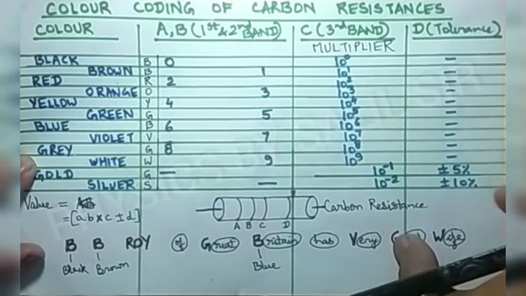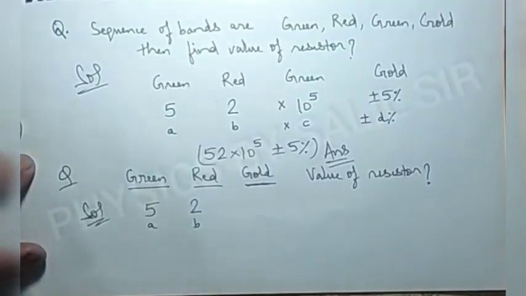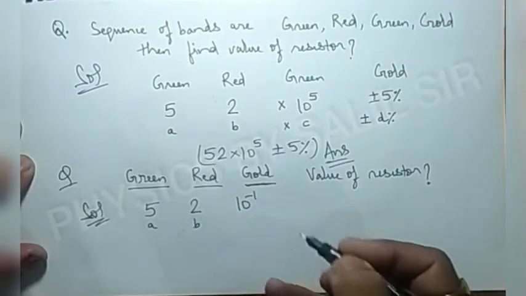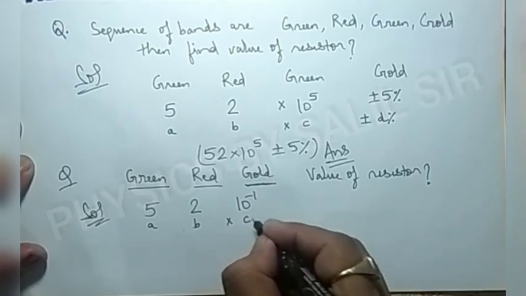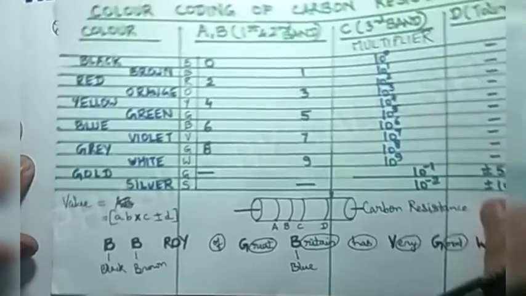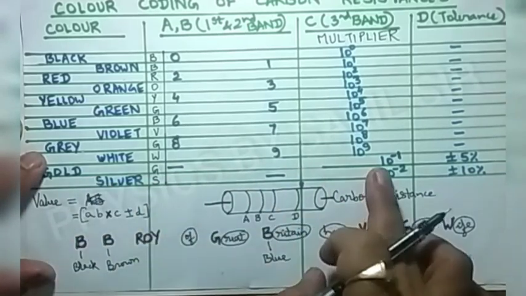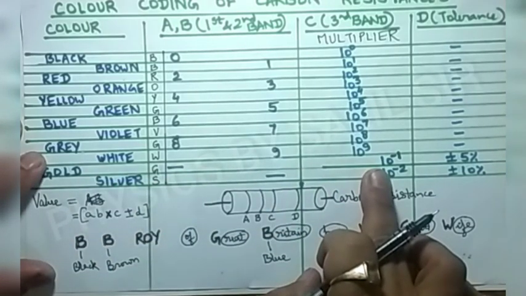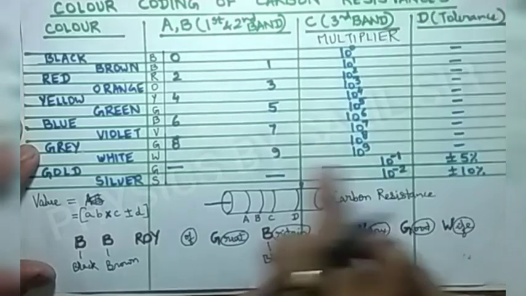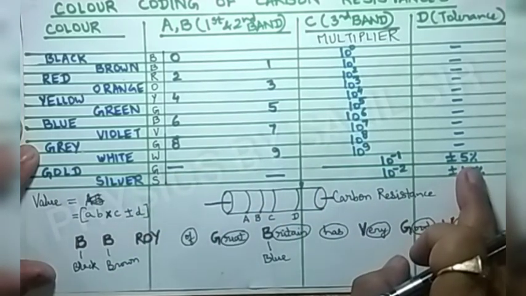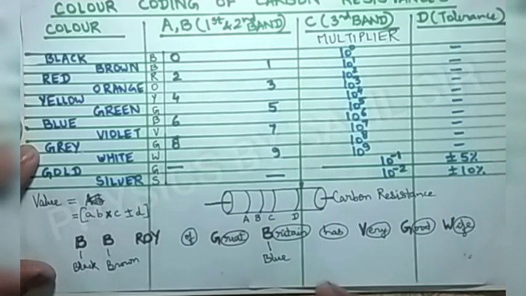So the multiplier will be 10 to the power minus 1. This will be in place of C, because gold will act as multiplier as its position is third, and if the gold is in fourth position, then only it will be plus minus 5%.